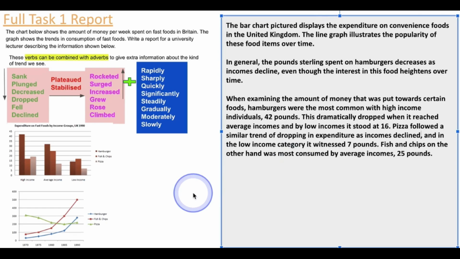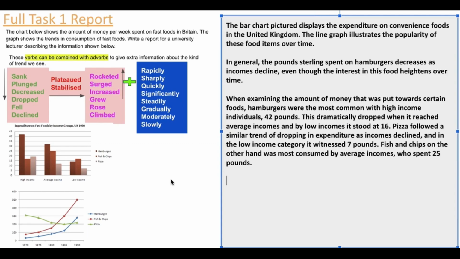Fish and chips, on the other hand, was the most consumed by average incomes, £25. Who spent. Okay, I think that's good. We've addressed the bar chart.